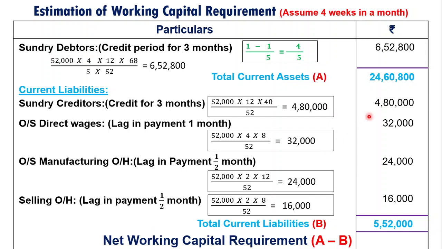Here in this case it's 24,60,800 minus 5,52,000. The remaining difference is 19,08,800. This is the net working capital requirement.